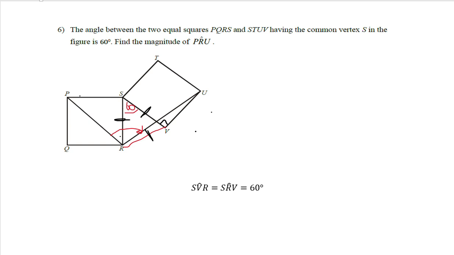So when we find that out, now what we can do is we can prove that this side is also equal to this side, because that's also a side length of a square. So which means this angle right here should be equal to this angle right here.